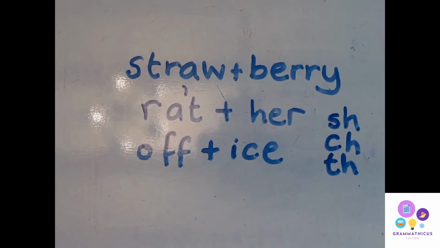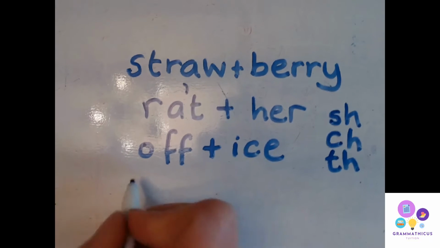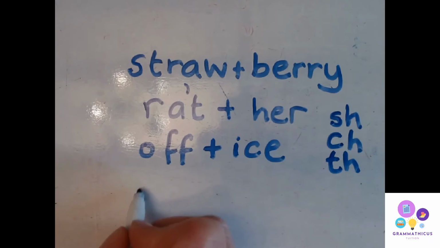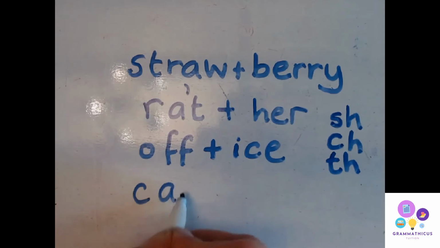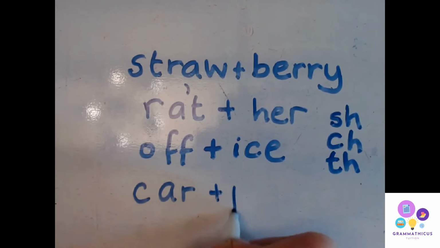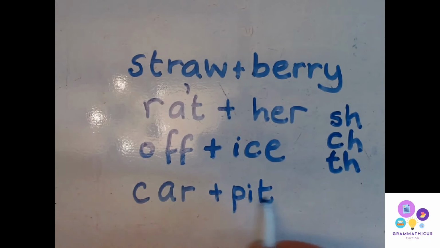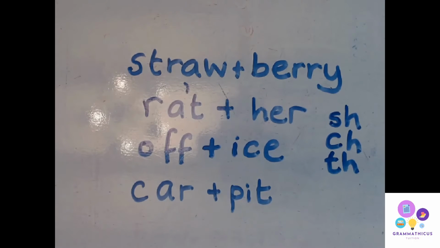You might also find that they try and trick you with spellings. For example, we might have car plus pit. When you put those together, it sounds like carpet, like the floor covering that you might have in a room.